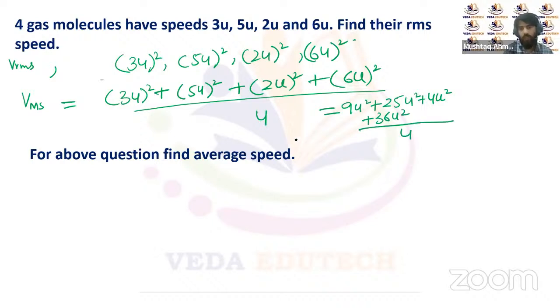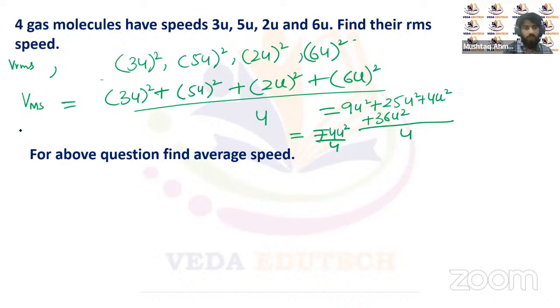So 36 plus 9 is 45, 45 plus 25 is 70, and 70 plus 4 is 74. It has to be 74, so we'll check it again. That's 9 plus 25, 4u square and 36u square, so it will be 74u square upon 4.